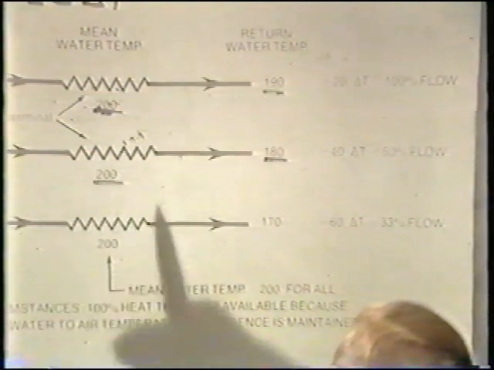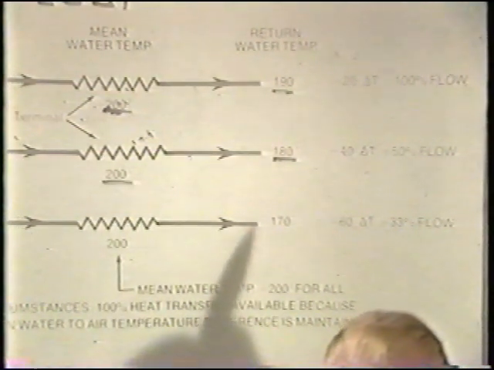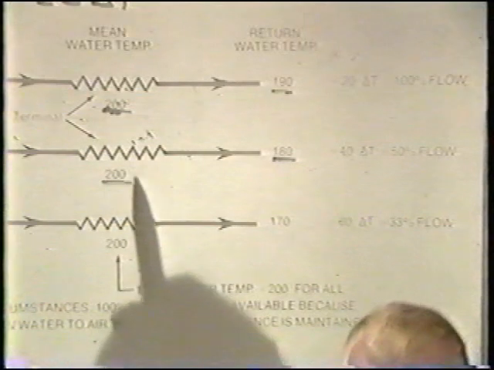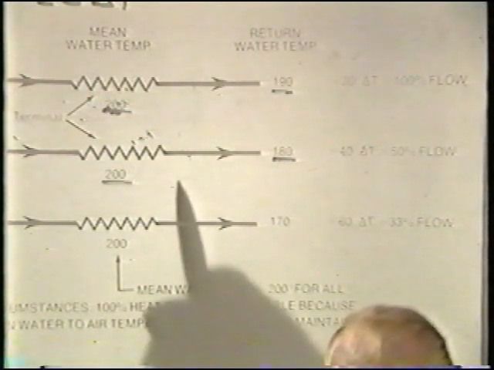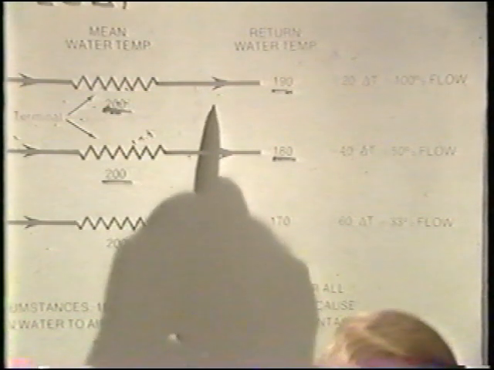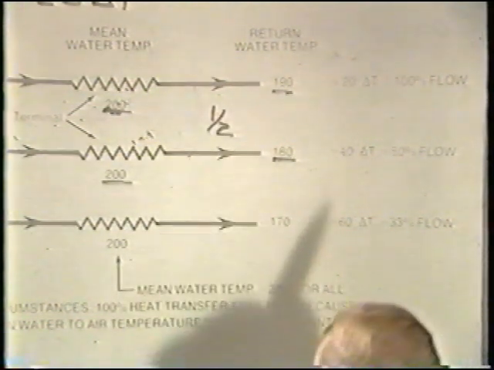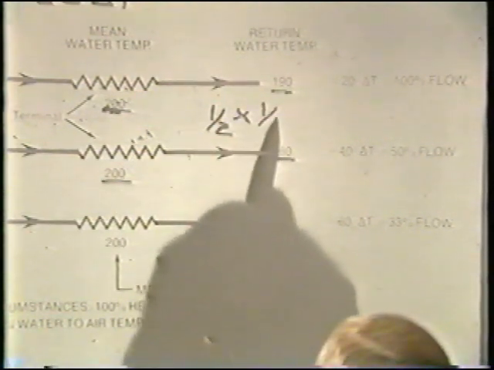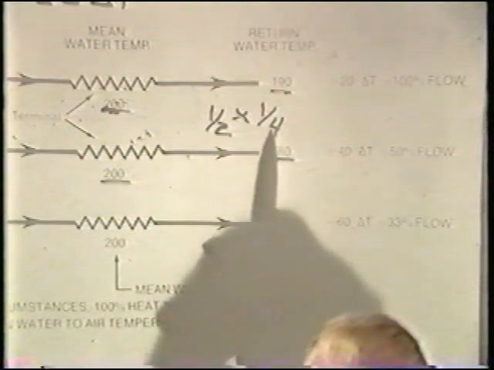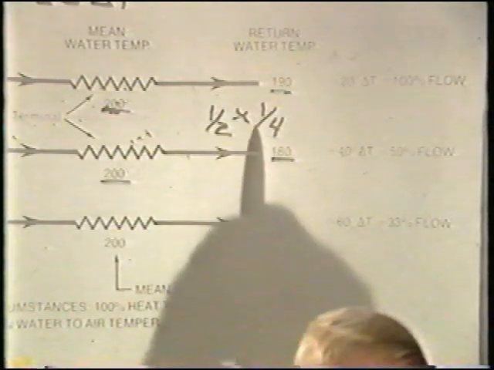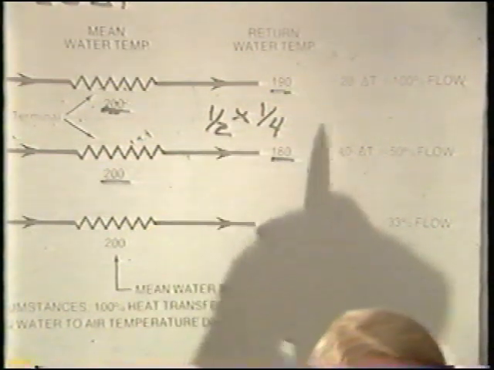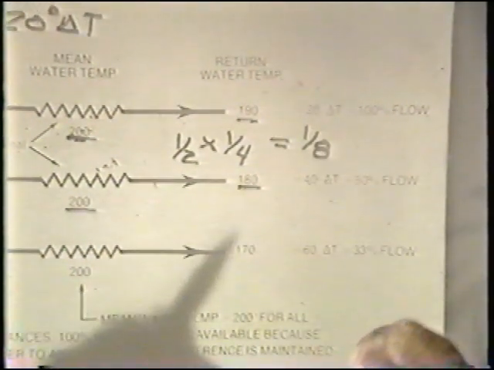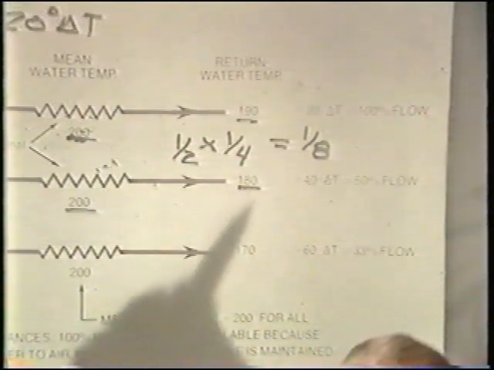We would still maintain the 200-degree mean water temperature and therefore establish the same terminal heat transfer output, but we would have reduced our flow rate by 1/2, and in the existing piping system, we would have reduced the head loss by 1/4, because head loss in the piping system will vary as the square of the flow change. So we will only need 1/8 the power requirement for that piping system.